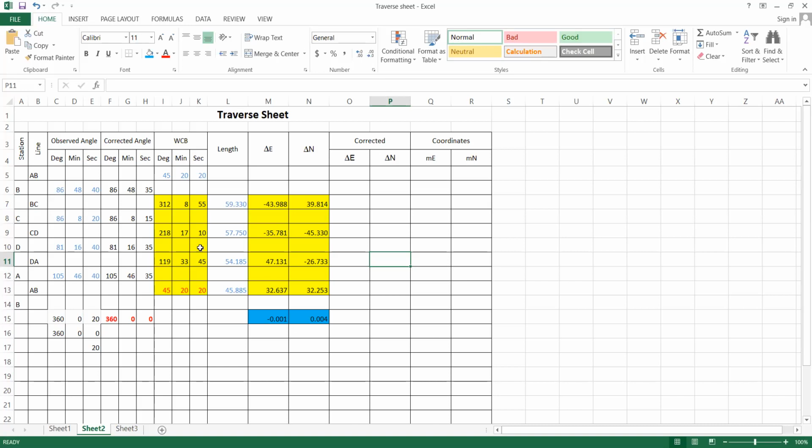To correct the error, first you have to identify the error. Now the error is identified, then the correction is the negative of that one. Correction is the negative of the error. So if you have 1 millimeter less, you have to add 1 millimeter to the sum in order to make it 0.